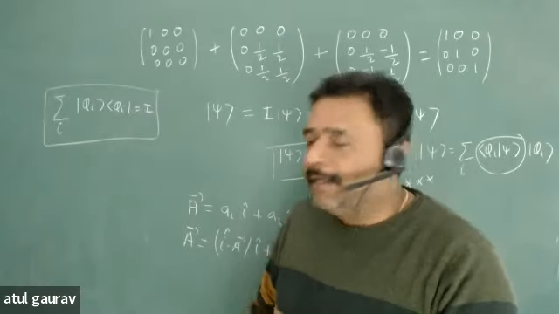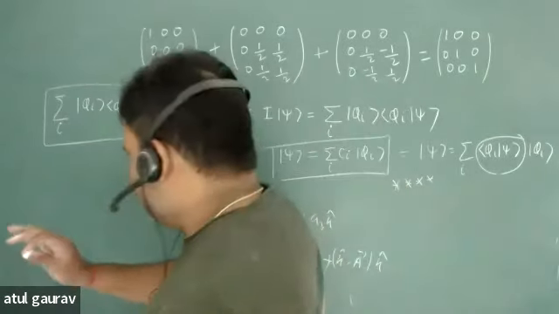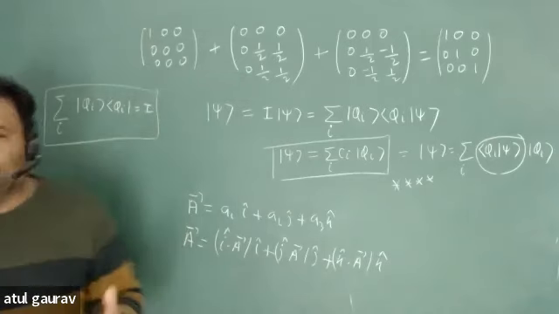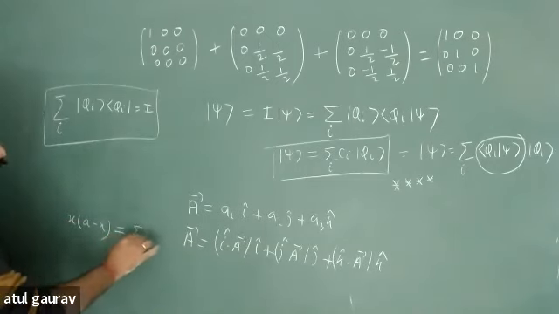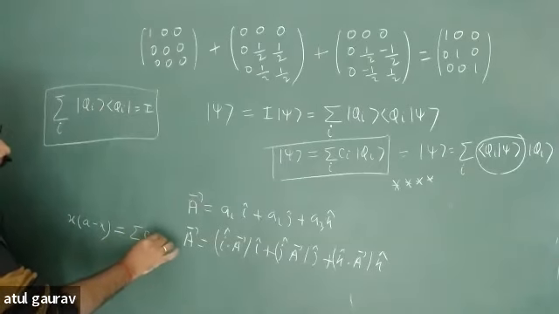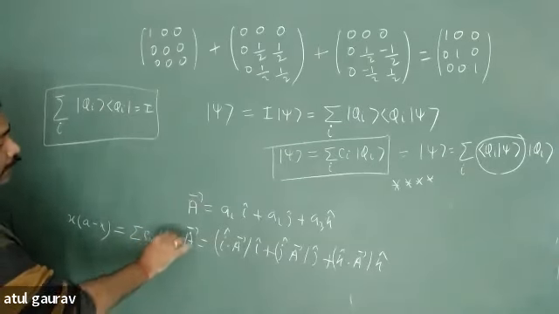But suppose I am giving you a real challenge. Suppose I have a vector known as x a minus x. Actually, this algebraic function can be written as a sum of Cn phi n.